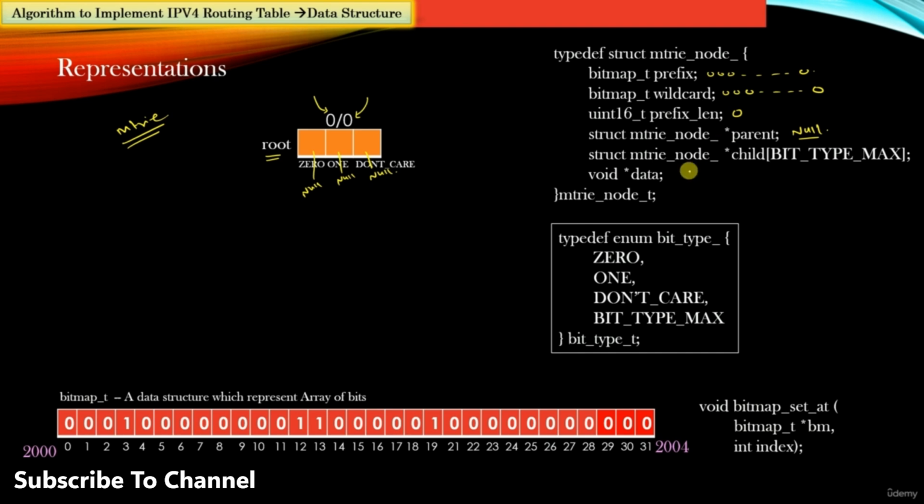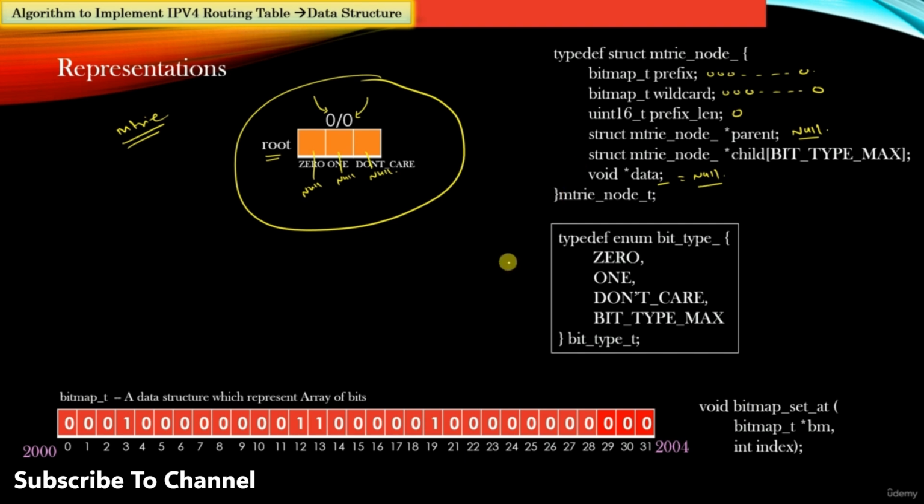And the data part is also null. So this is what the root node is, and this is what the mtry data structure would look like when it is just initialized. A freshly initialized mtry data structure will just contain a root node with everything initialized to null or 0.